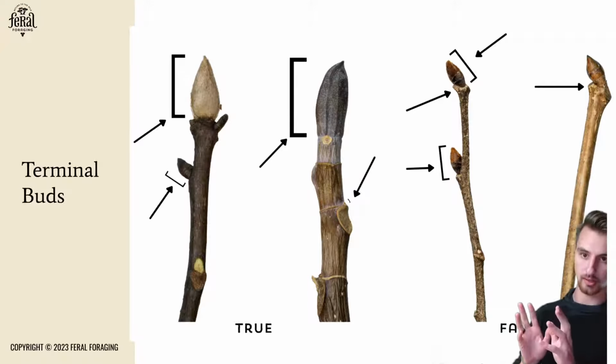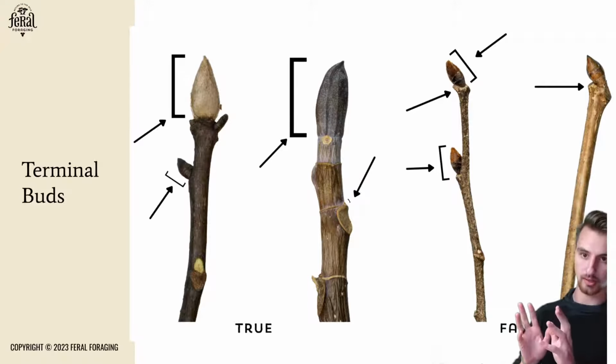If you ever encounter that, chances are that you are dealing with a true terminal bud, as opposed to the ones on the right side that have a false terminal bud, right? We can see that the bud at the end and the buds on the sides are exactly the same size. That would clue you that you're probably dealing with a tree that has false terminal buds.